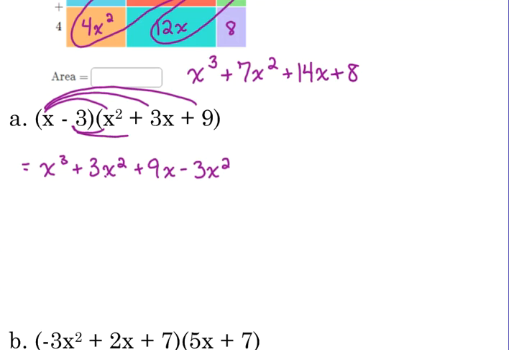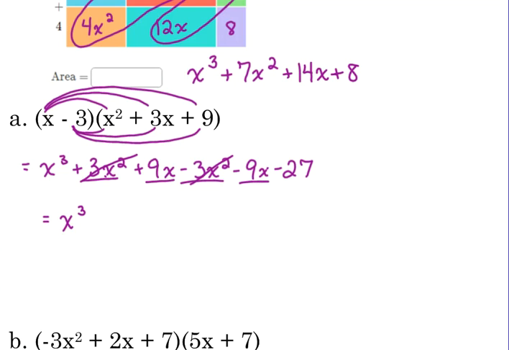Negative 3x squared, negative 9x, negative 27. Combine like terms. X cubed, standing alone. 3x squared minus 3x squared, gone. 9x minus 9x, gone. Negative 27 left there on the end.